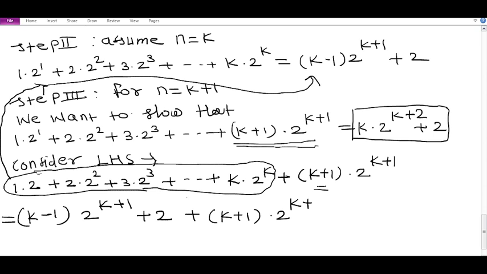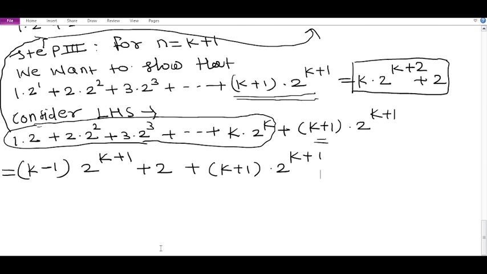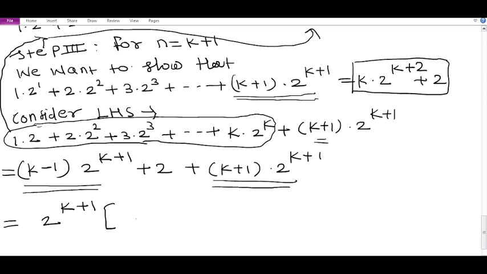Now from the first and last term, you can take 2 raised to (k plus 1) outside. So what is left inside the bracket? Inside the bracket is (k minus 1) plus (k plus 1), and this plus 2 as it is.